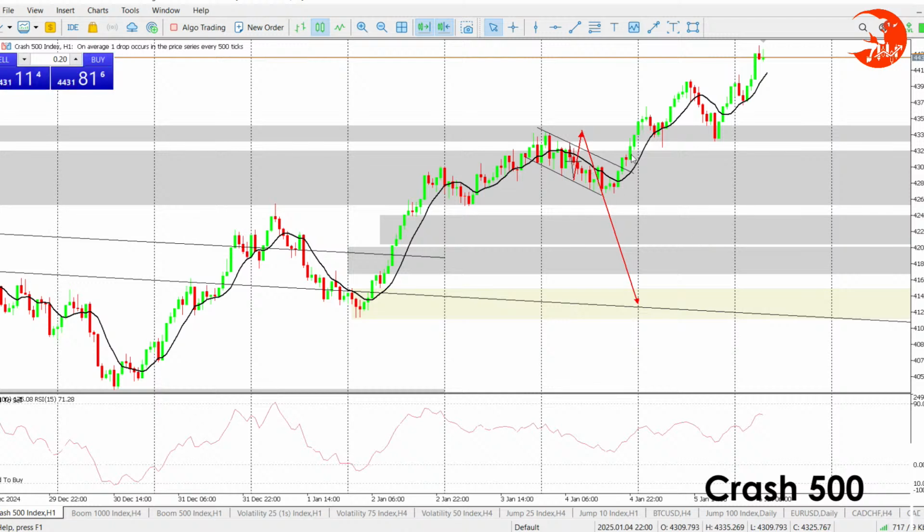So it broke out of that resistance level. It was a flag actually, so the anticipation was for this move. Those who remember, this move here is where we wanted that price to reach, but it didn't. It actually exceeded that level.